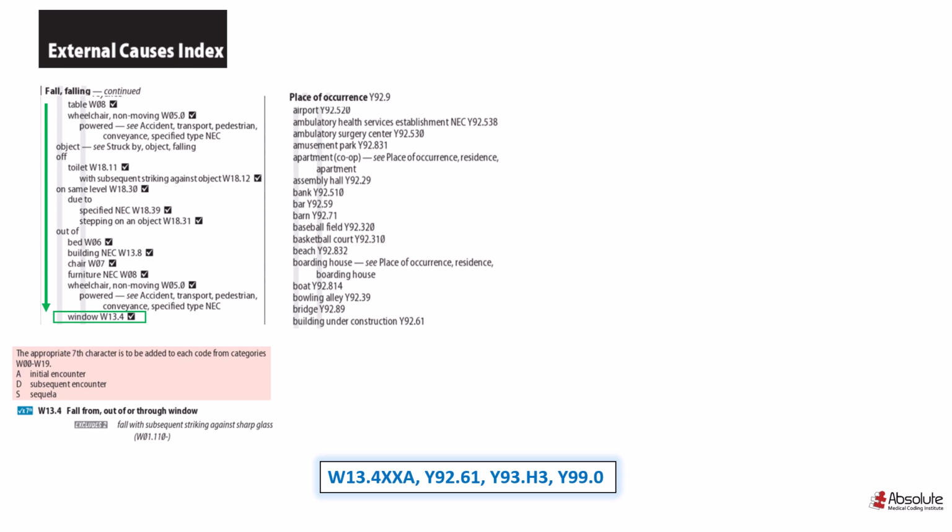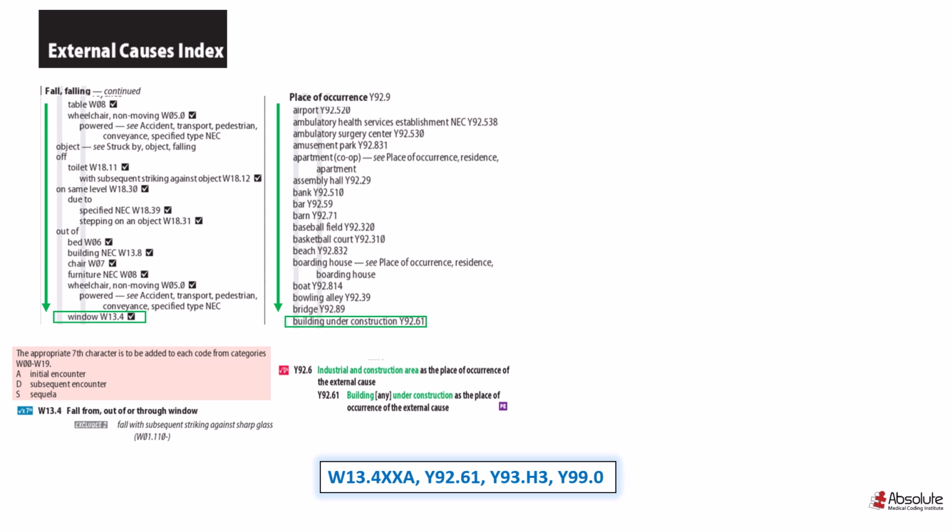Next, we have to look into the place of occurrence. So where was the patient when the injury occurred? And he was in a building under construction. So under the place of occurrence, go and search for building under construction, and that would lead you to Y92.61.